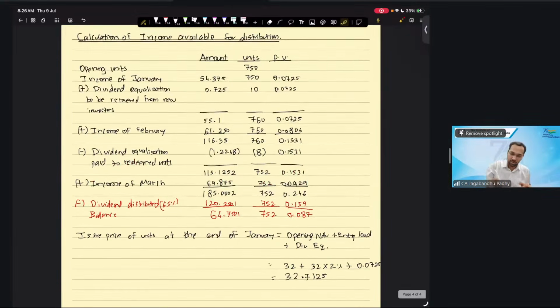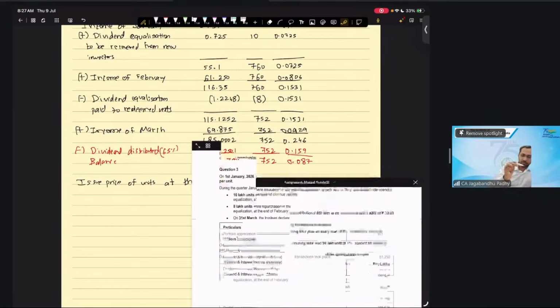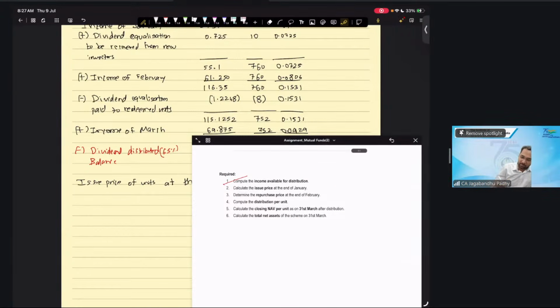Dividend equalization is this number. See, in the month of Jan, we have computed the per unit value, right? That's 0.0725. Got it? Okay. So the issue price is 32.7125. So this is also done.